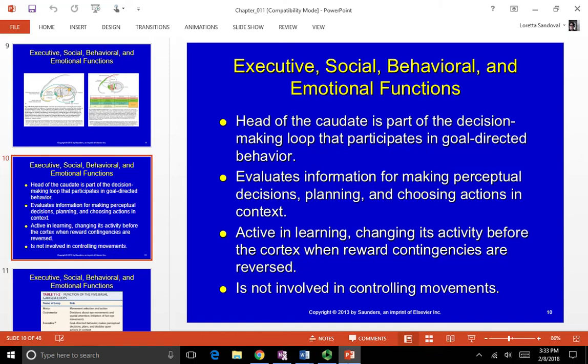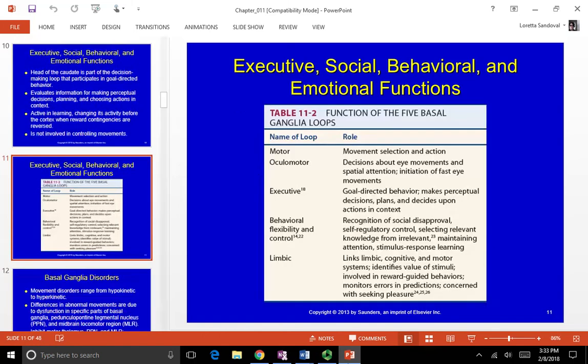So in the book there is table 11.2, and it talks about the role of each of the different loops, which is pretty interesting. So if you had to say, which loop, the motor loop selects movement and actions, the ocular motor loop makes decisions about eye movements and spatial attention. So catching that bicyclist out of the corner of your eye, that was the ocular motor loop.